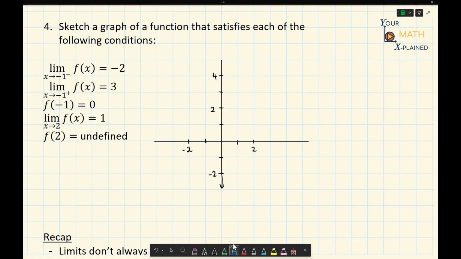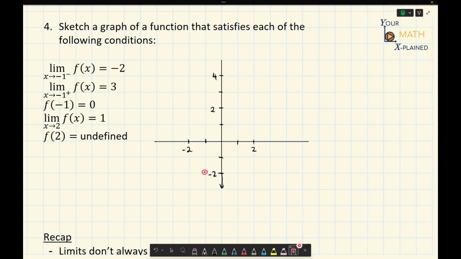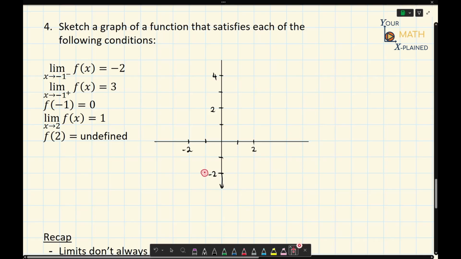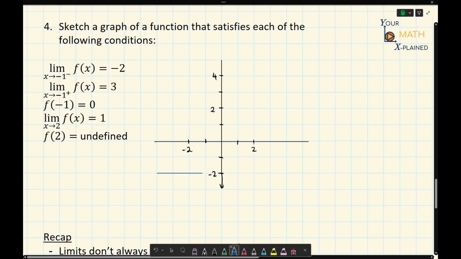All right, so the first one is we want the limit of our function f of x as x approaches -1 from the left-hand side to be equal to -2. That means when x is approaching -1, we want the y value to be approaching -2, which means it's going to be somewhere here. The easiest way to do that is to draw a horizontal line at y equals -2.